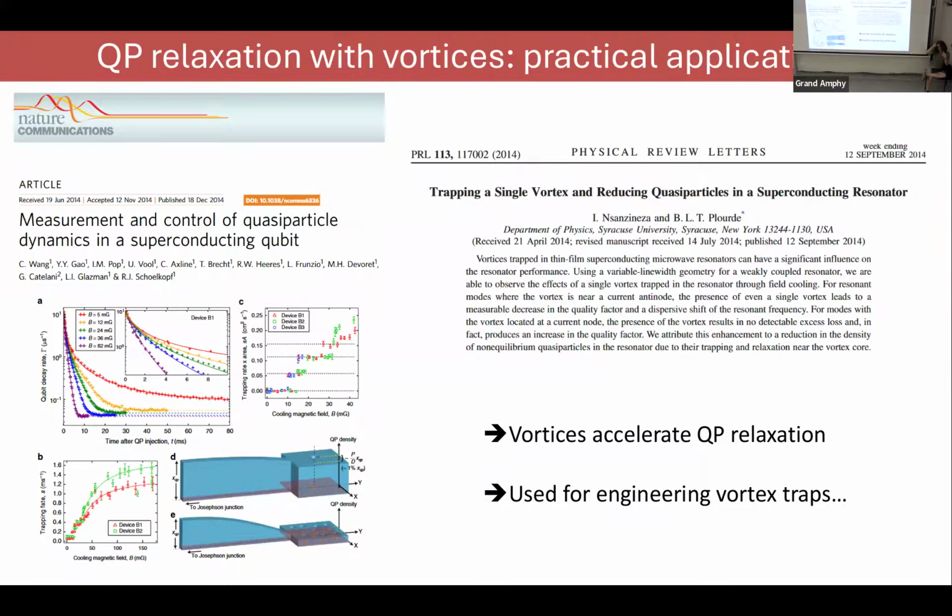If something had a node there, you would not see the vortex, and with a peak, the response would see it, and he could see the difference between even and odd harmonics. Yeah, I think it's that. But in this case, I think they could only hurt, if I remember correctly, but I might be mistaken.